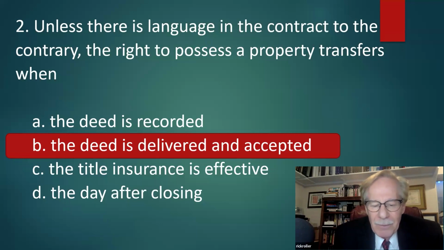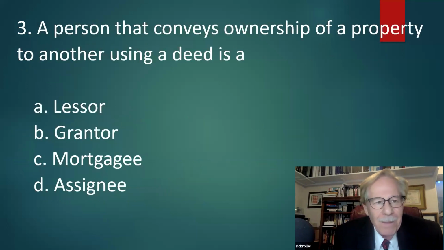Let's go to number 3, please. A person who conveys ownership of a property to another using a deed is a, what are they? Are they a lessor? No, they're not a lessor. Are they a grantor? Well, hang on to that one. That's warm and fuzzy. How about C, a mortgagee? Some people pay cash.